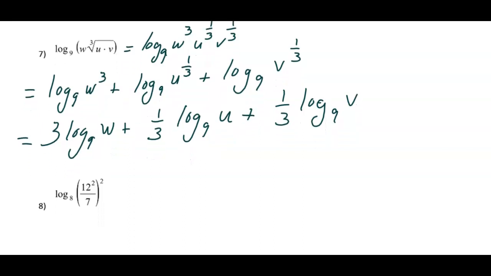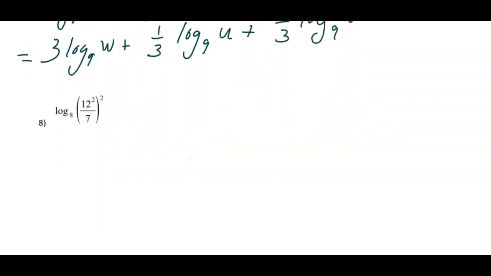And then the last one, you want to make sure that you simplify this portion of it first. So distribute that exponent. So log base 8 of 12 to the 4th over 7 squared. So we have division here, so this is going to expand out to subtraction.